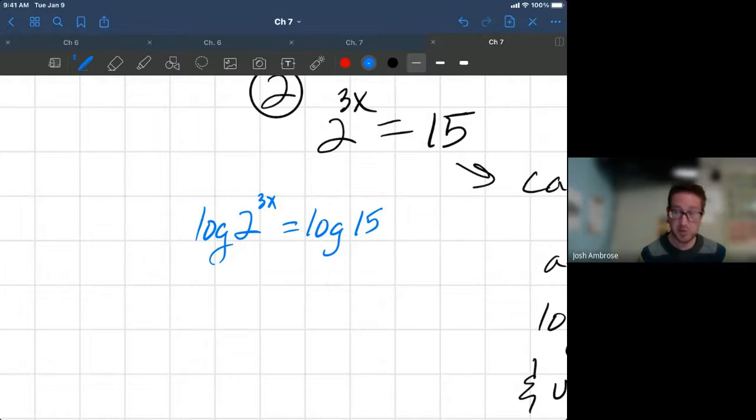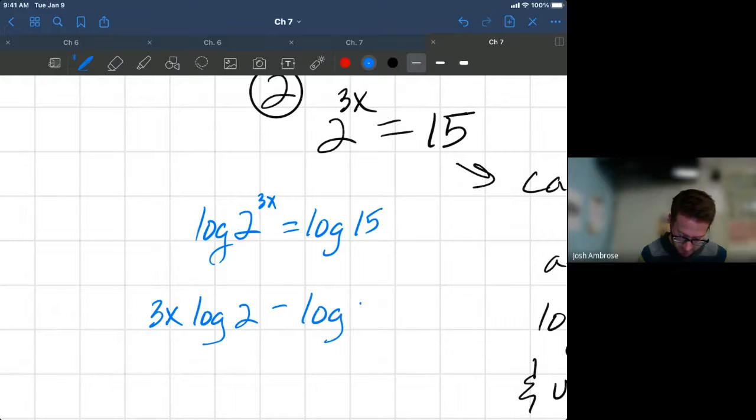Before we do that, actually, we're going to use the power property. The power property is where we take this and bring it to the front. So 3x log 2 now minus log 15.